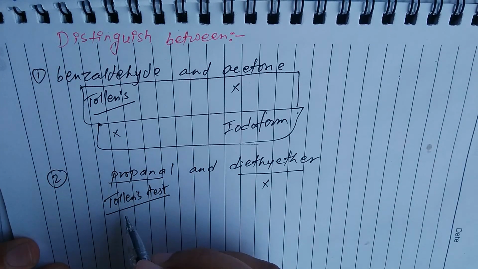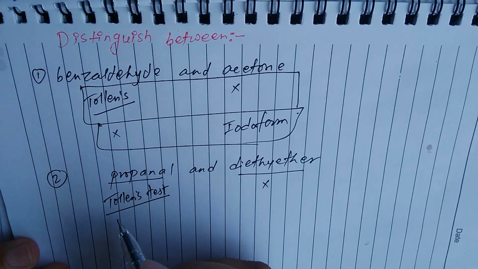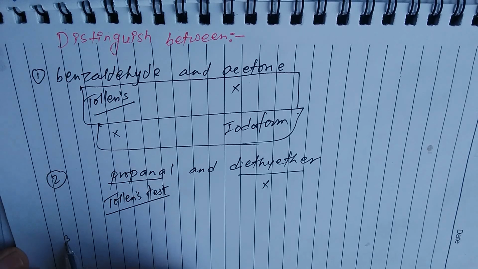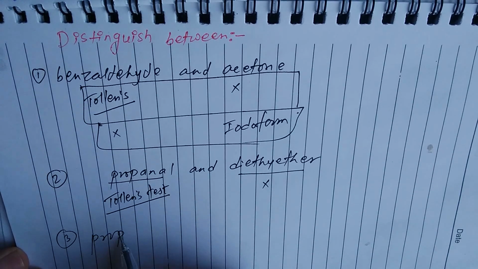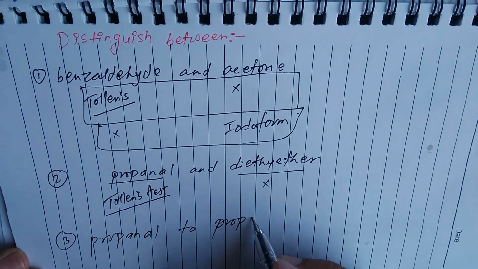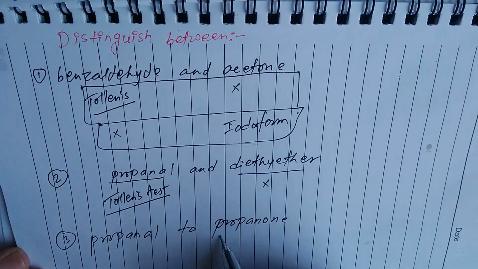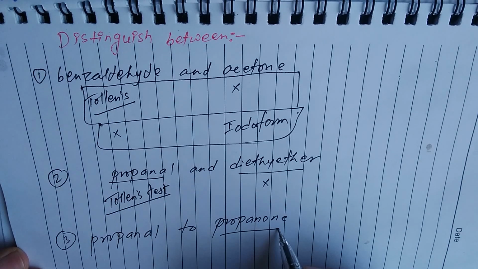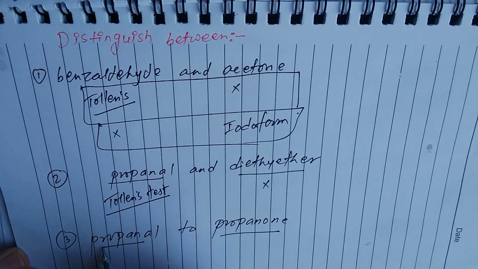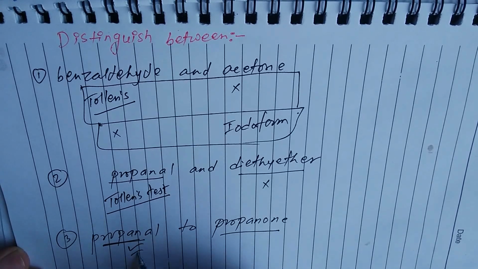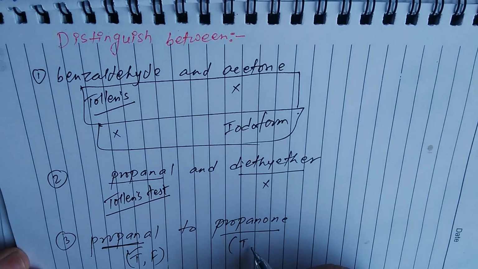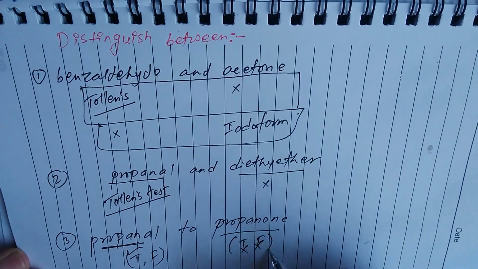For all aldehydes you can use the same basic trick for the Tollen's test. And another, propanal, an aldehyde, and propanone. This is a ketone. It does not give Fehling as well as Tollen's test, but propanal is aliphatic, so it gives both Tollen's and Fehling, both T and F. The ketone does not give T and F, both.